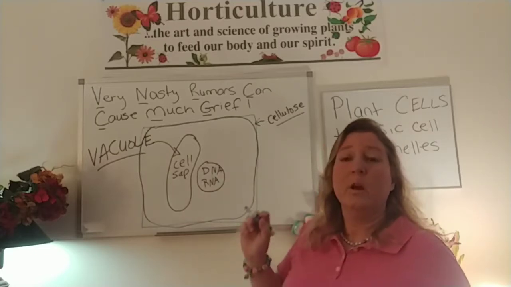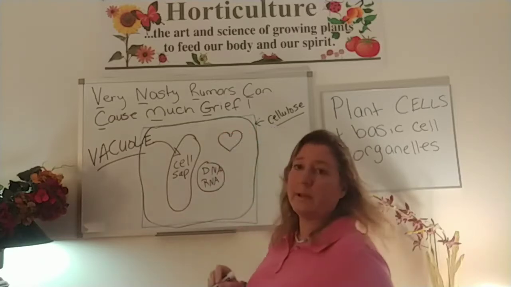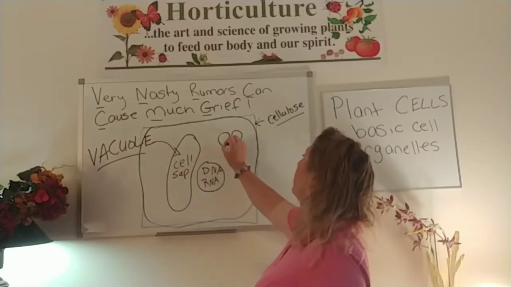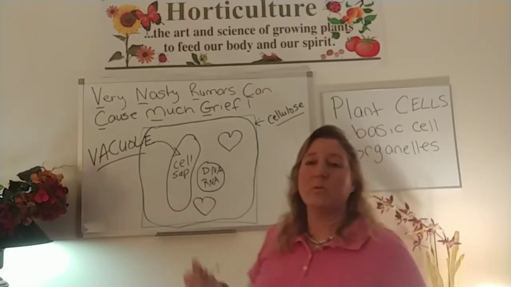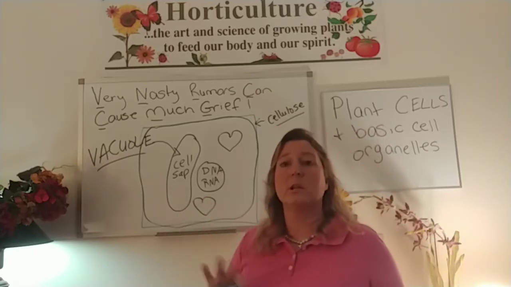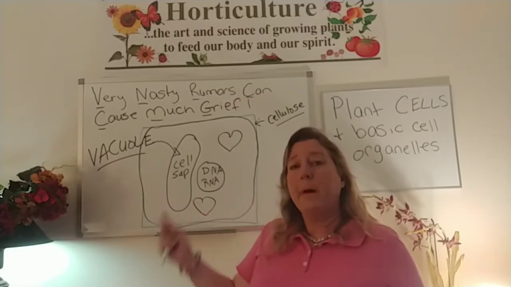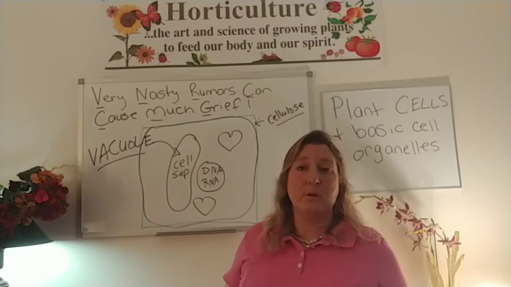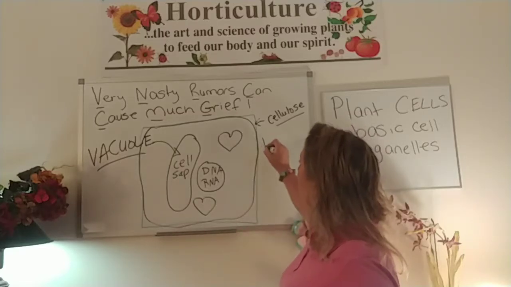Next, we have ribosomes, okay? I'm going to represent a ribosome as a heart, just to differentiate it. The reason I chose a heart is because ribosomes actually have two what we call subunits. We're not going to get into subunits, don't even worry about that. But because a ribosome does have two subunits, I'm going to represent it as a heart. So what does a ribosome do?